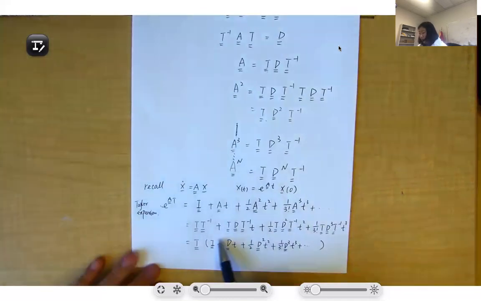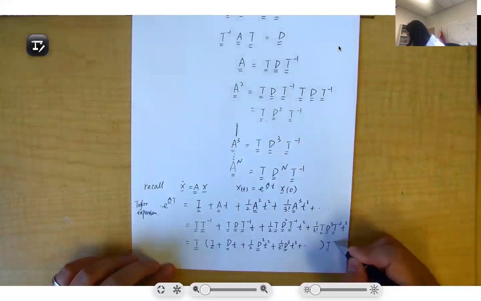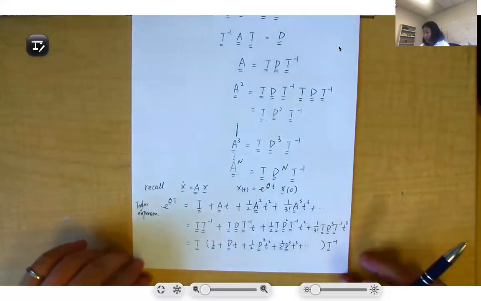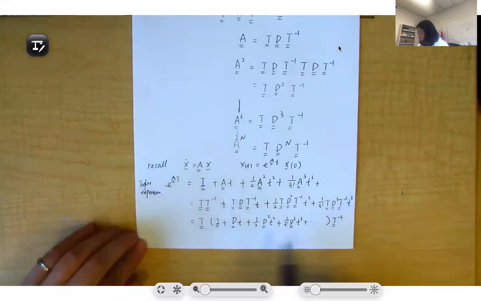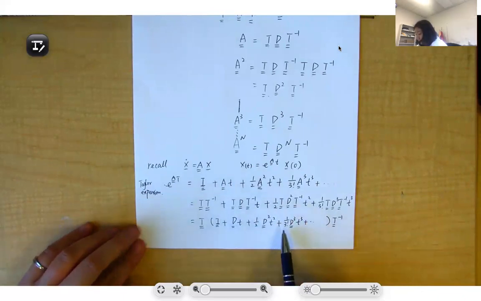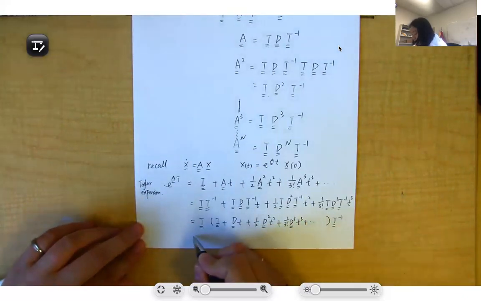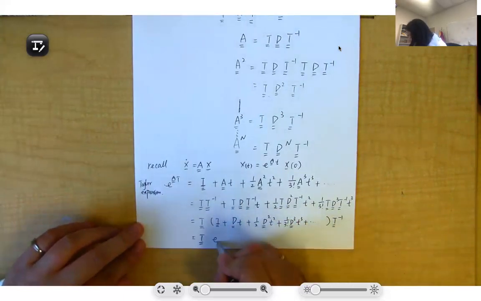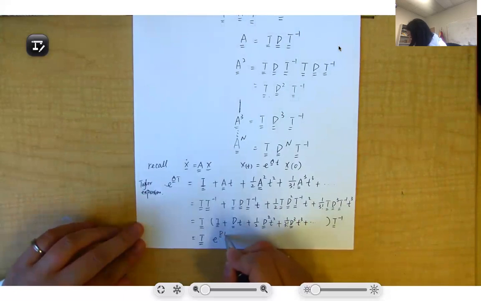And then all the terms have the T inverse, so we put T inverse outside of the parentheses also. What we got inside is identity plus D t plus one half D squared t squared plus 1 over 3 factorial D cubed t cubed. And you find that this is an exponential function as well, represented by the Taylor expansion, which is T times the exponential of D t times T inverse.